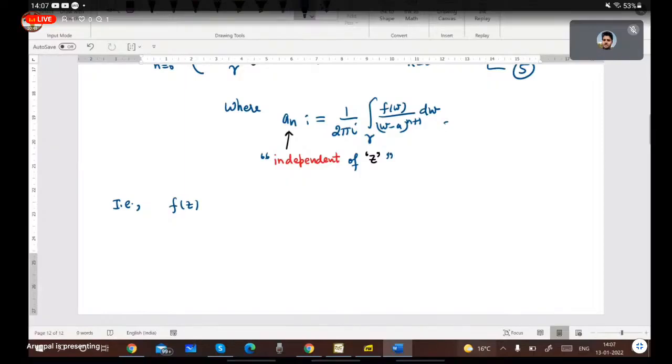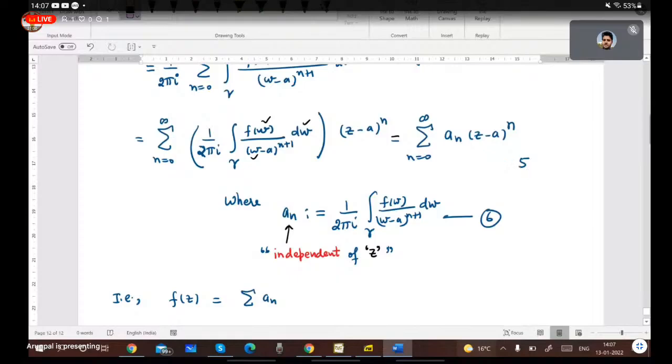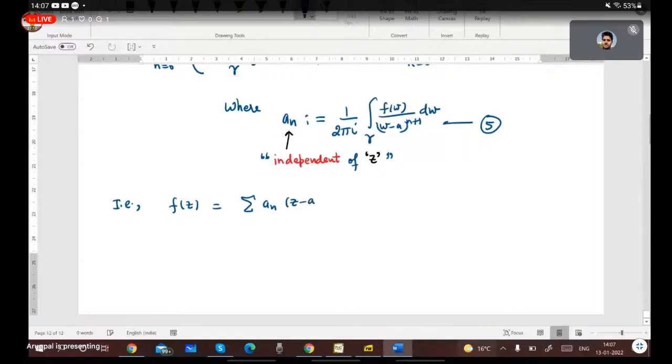That is, f(z) is equal to the summation, n going from 0 to infinity, of a_n (z minus a) to the power n. This holds for all those z which satisfy this condition.